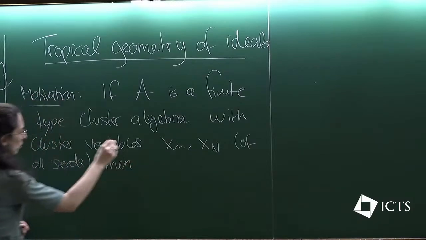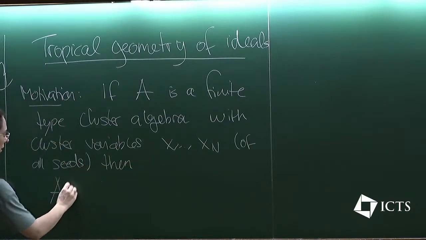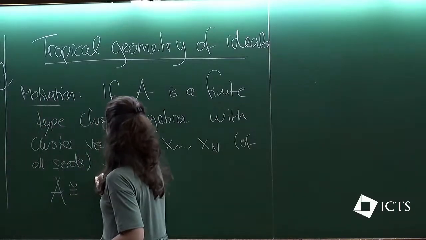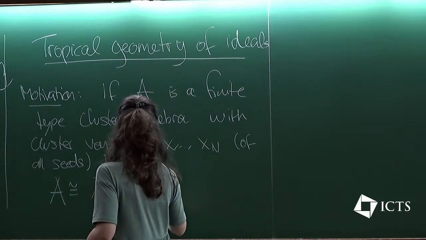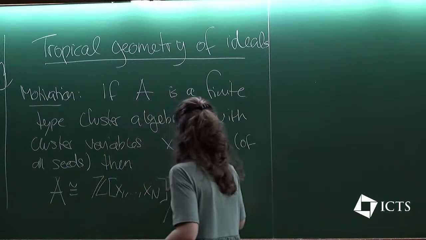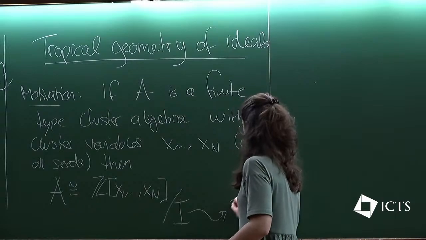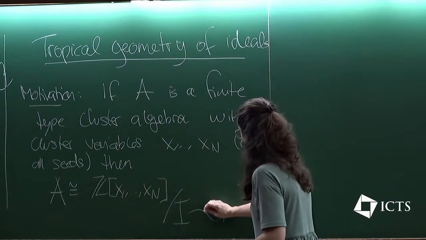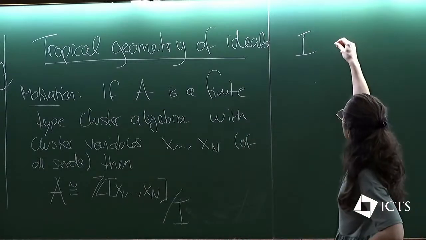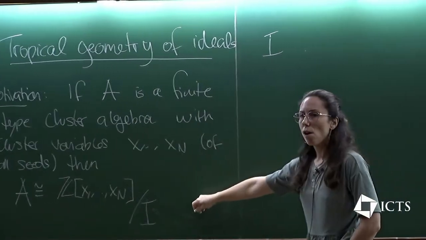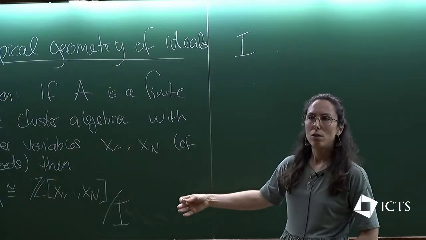then I have an isomorphism of A with the quotient of a polynomial ring modulo some prime ideal. And actually, I is the saturation of the ideal generated by all exchange relations.